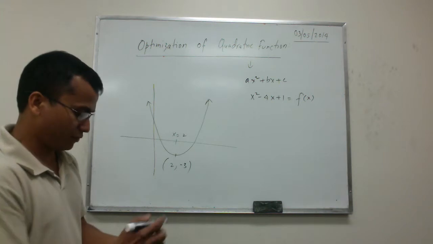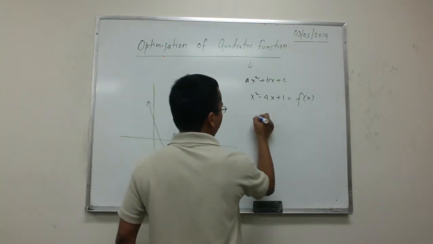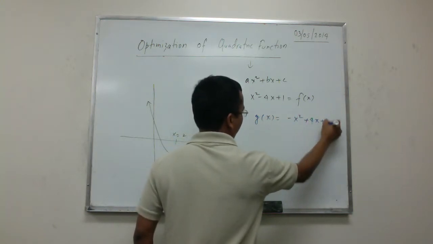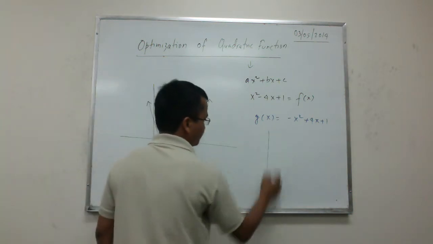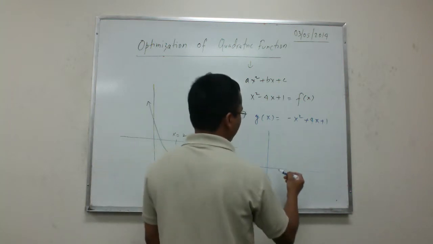So if you are given another quadratic function, let's say g of x, which is, let's say, negative x squared plus 4x plus 1, then the graph of this function would be something like this.